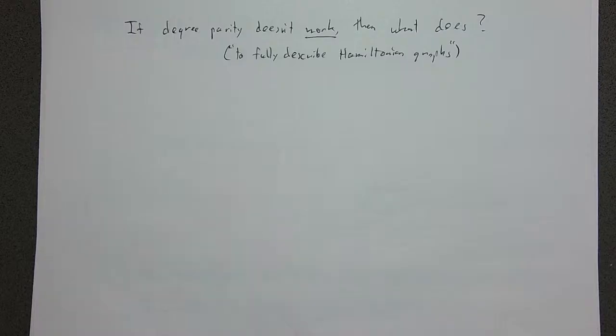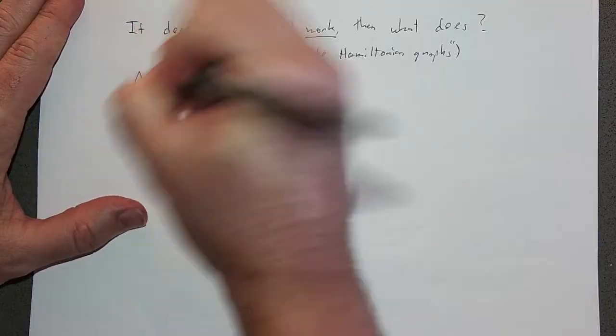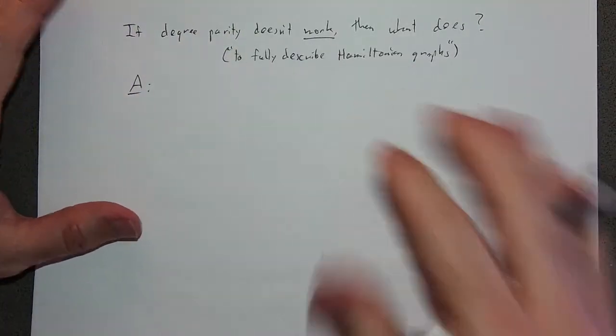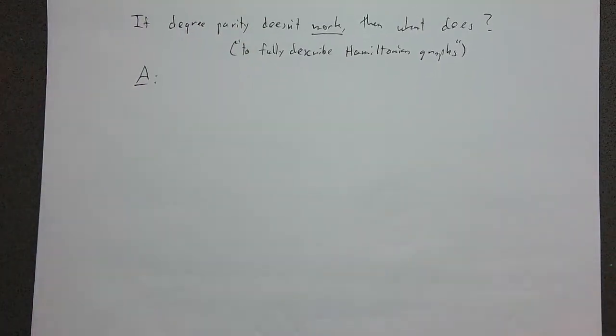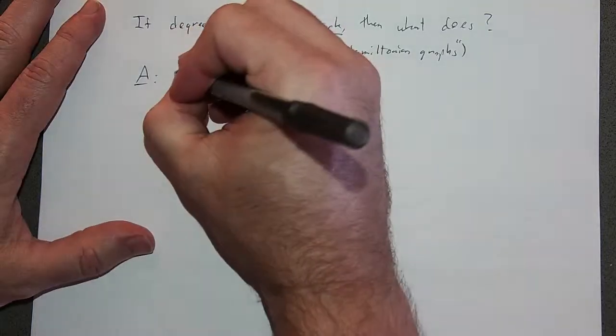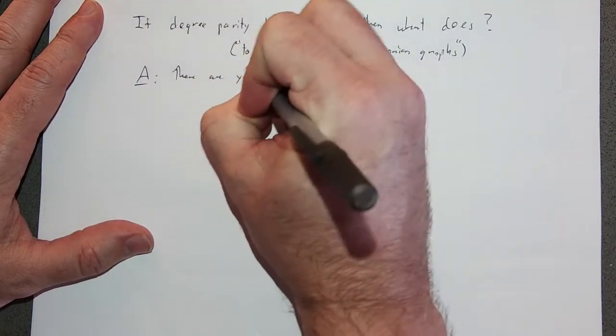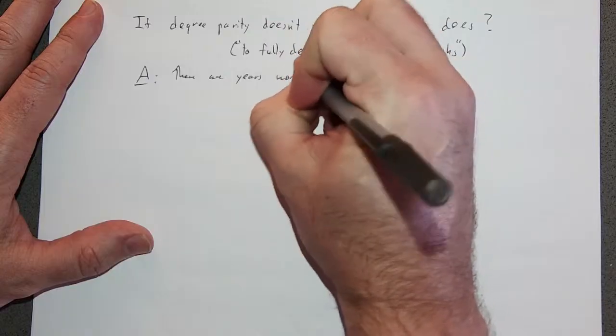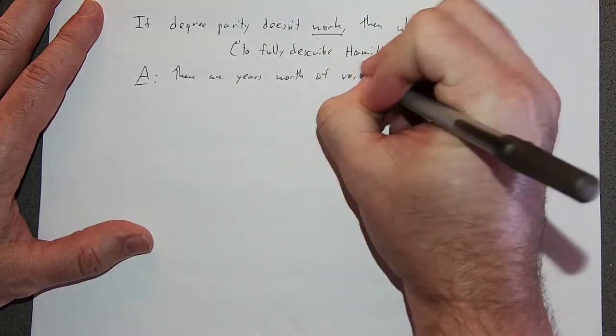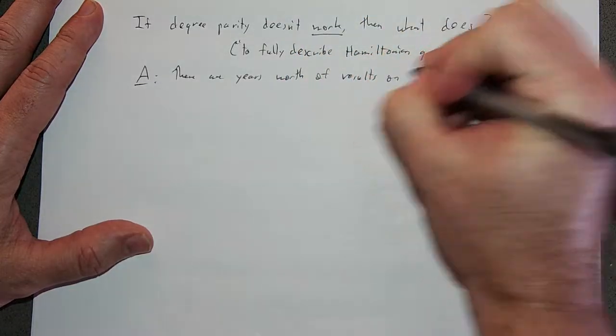So if degree parity doesn't work, then what does? The answer is that there are many, many results. I don't have enough time to go over them. There are years worth of results on this question.